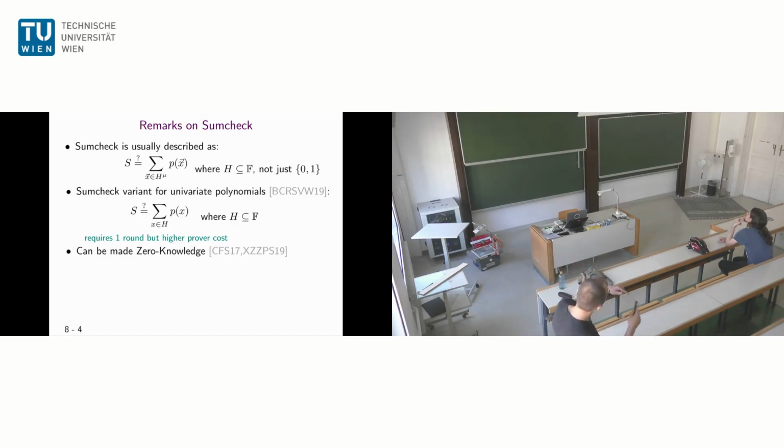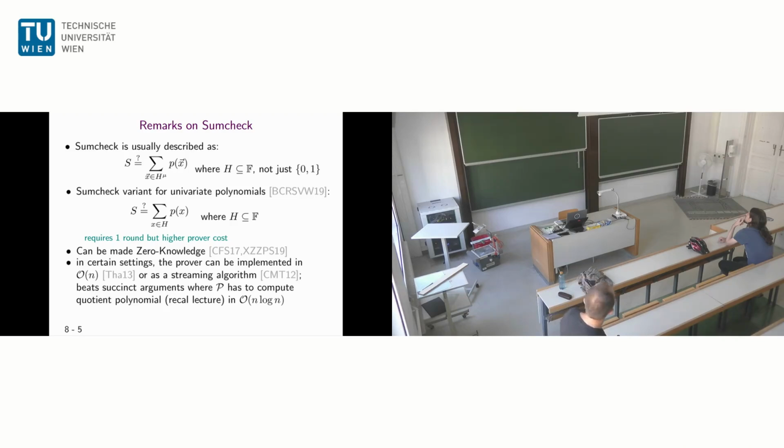But the problem is that the verifier can learn about the coefficients, some properties, if he receives them in the clear. But if we blind each message we send, that is the idea behind how to make this protocol zero-knowledge: the prover will add a blinding polynomial on top of every polynomial he sends.